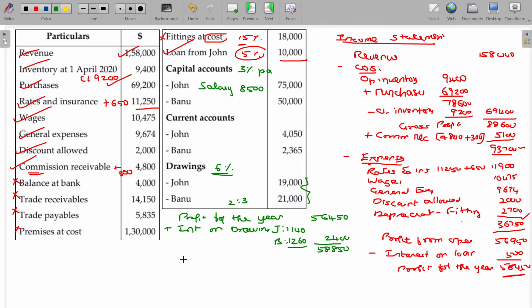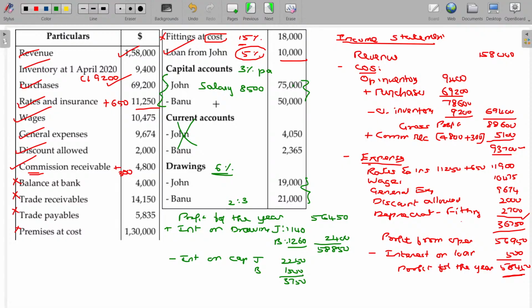And less interest on capital for John and Bonu. We will not calculate it on current accounts, only on the capital accounts, at the rate of 3% on this value: 2,250, and for 50,000, 1,500.